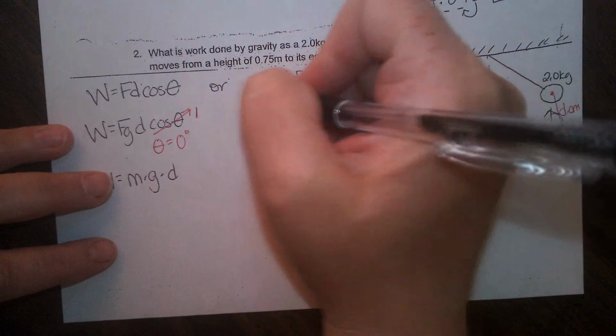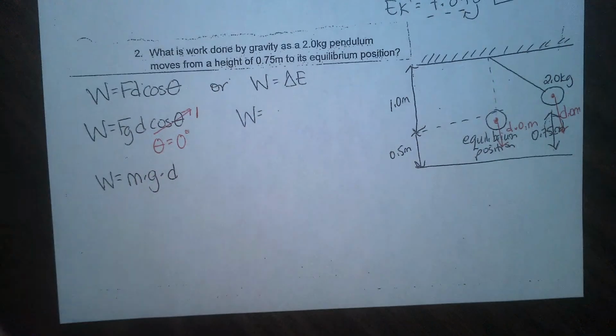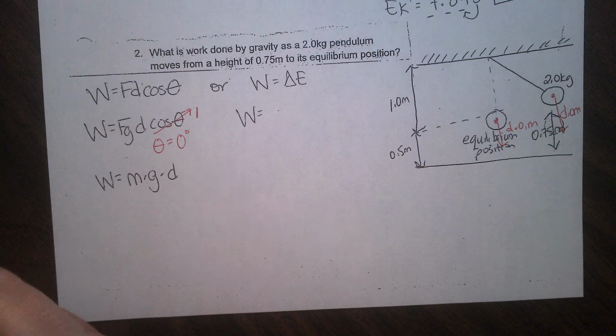If we were to use this formula, change in potential energy is what? How do we calculate potential energy? How do we calculate the change in potential energy? How do we calculate the change in anything?